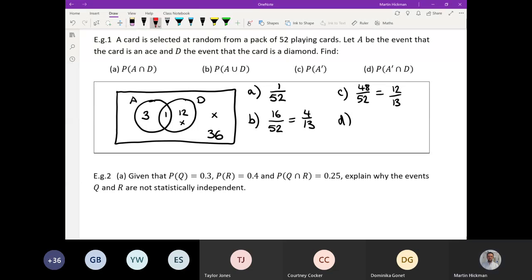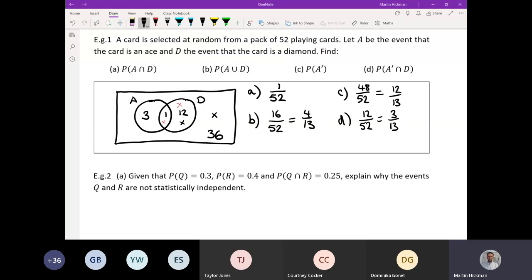And if I look at where D is happening, that's where I'm putting these red crosses. So the probability of A not happening and D happening is where the crosses are both there. And the only place where both are there is for that 12. So it'll be 12 out of 52, which is the same as 3 over 13.